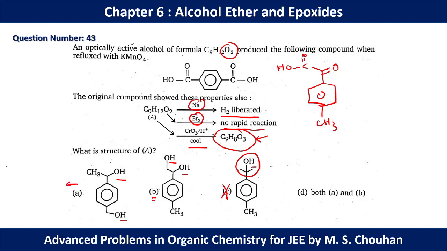And here also, if we start with A, it will be a ketone and it will be a carboxylic acid. So the total number of oxygens is 3 here also. So option A is also possible, option B is also possible. So option D, both A and B, will be the more correct option.